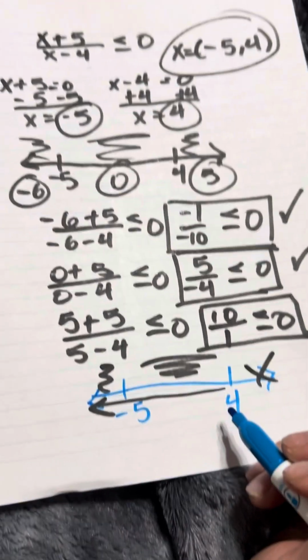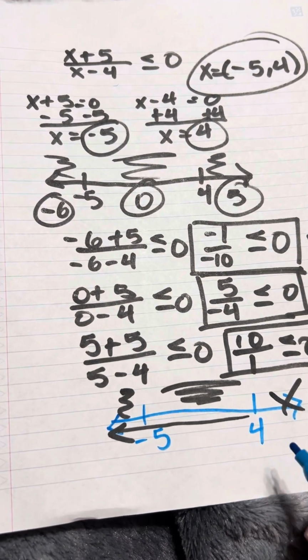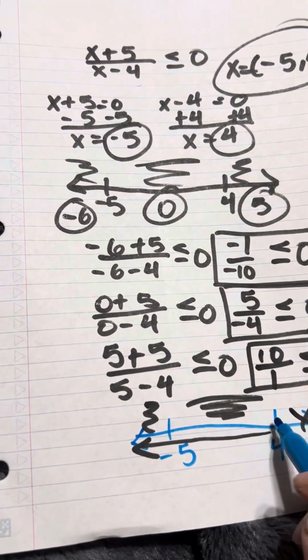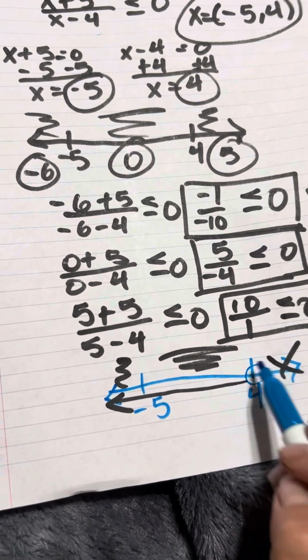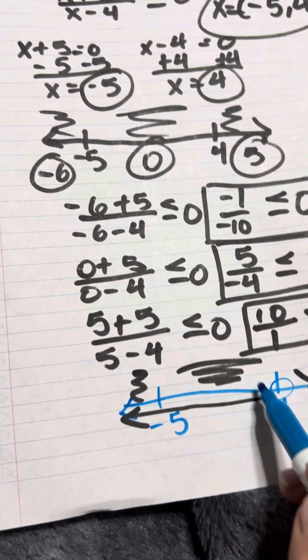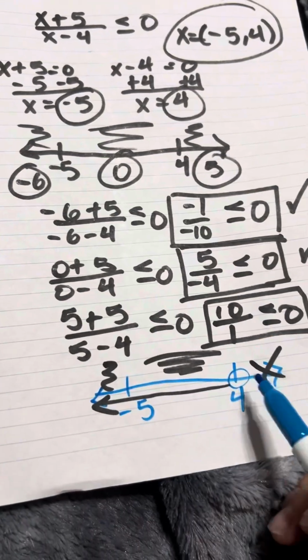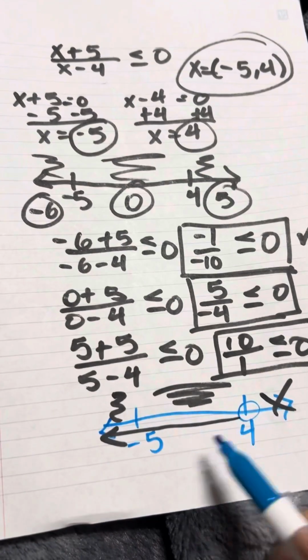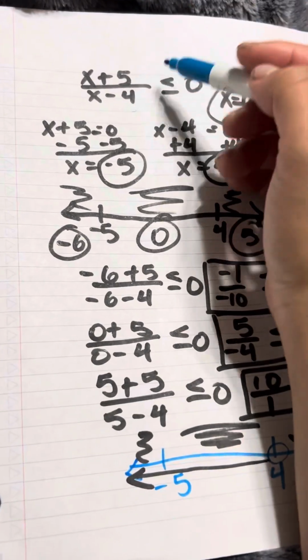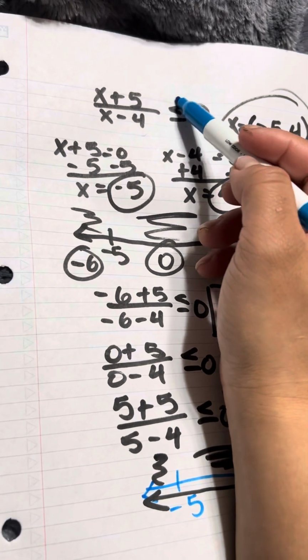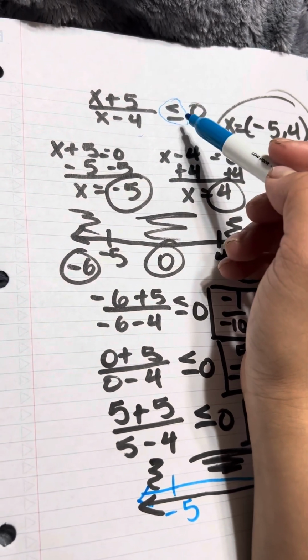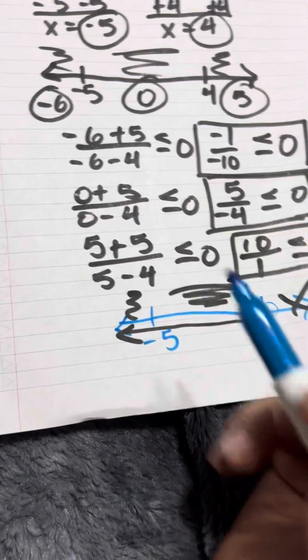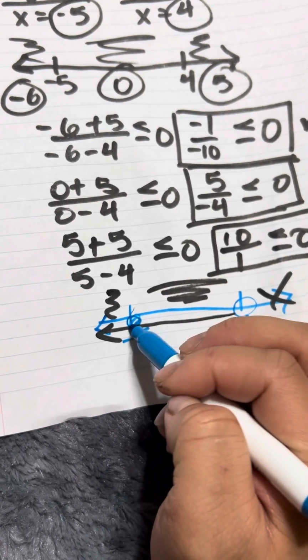So anytime you have a number from the denominator, you're going to use an open circle because you can't have it equal to 0. So you're going to have an open circle. And then since we got -5 from the numerator, we're going to look back to the original sign we used, which is less than or equal to. Less than or equal to is always going to be a closed circle.